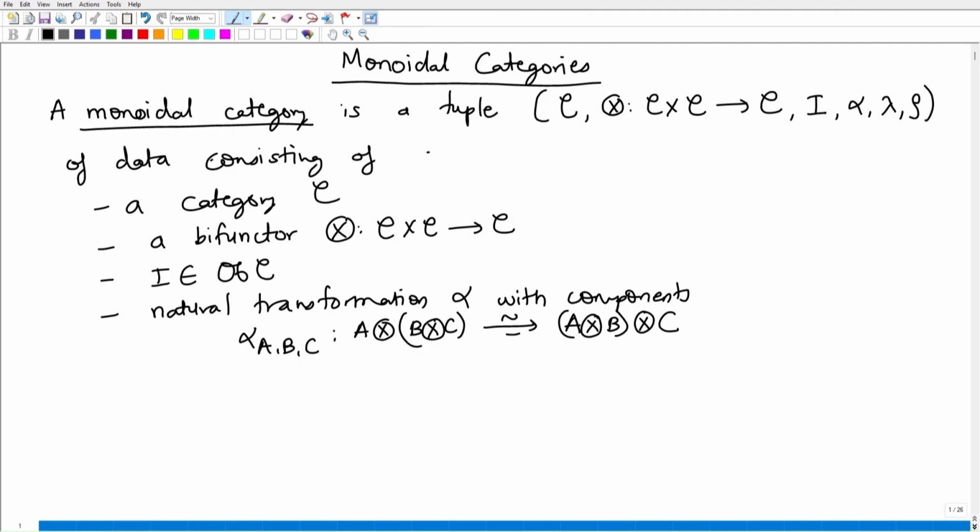So a natural isomorphism alpha with components indexed by triples of objects of C. Can you tell me what this particular natural isomorphism is trying to capture?